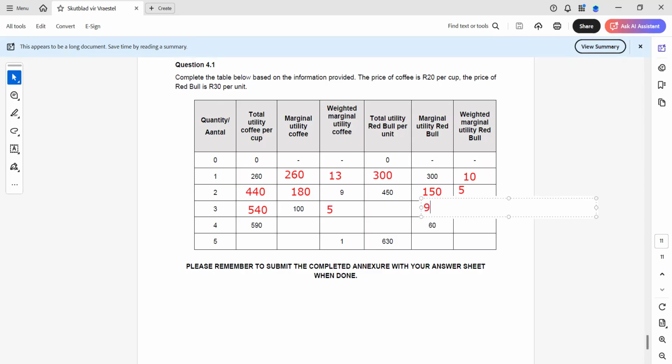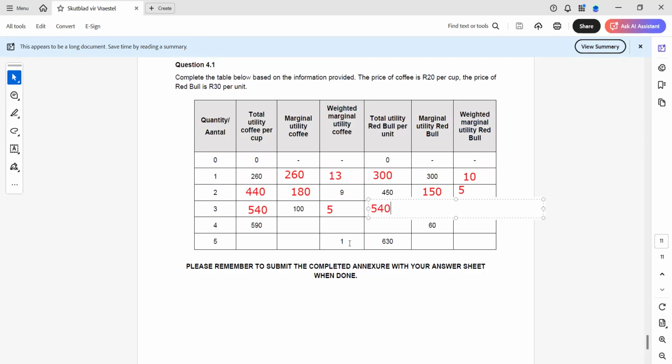So this one here is 90. Now to get your total utility, remember to get this marginal utility you said this one, which was here, minus 450, you got 90. So to go back, you say 90 plus 450, and you get this one, which is missing here, the total utility. So you say 450 plus 90, what are you getting?